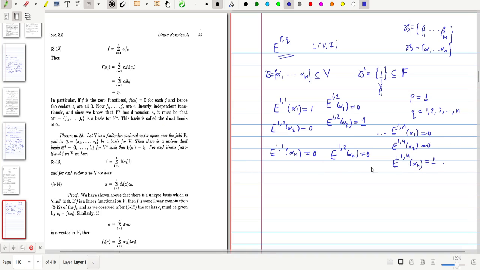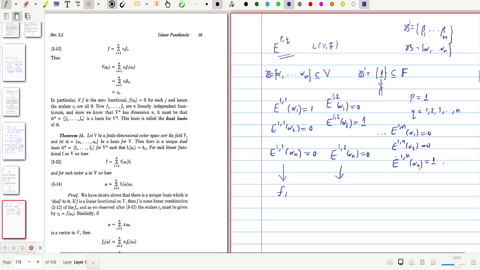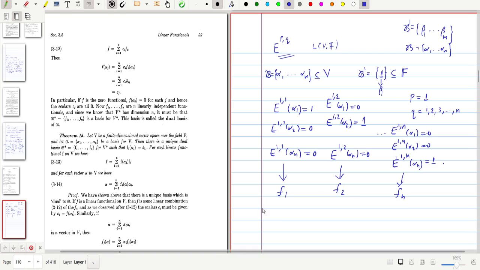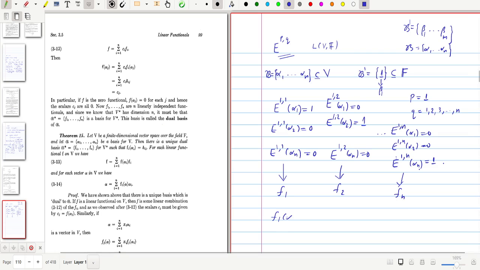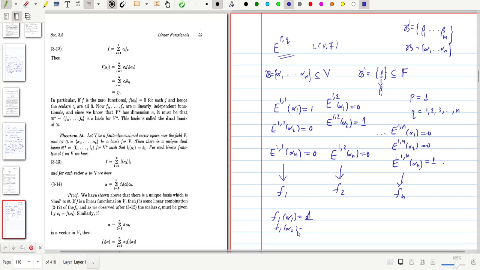Then you can define n linear transformations from V to F. We call these linear transformations f1, f2, etc., fn. The definition is f1 of alpha 1 equal to 1, and the image of any other alpha, alpha 2, alpha 3, will be 0, and so on.